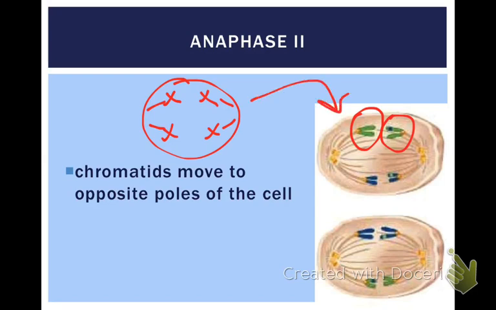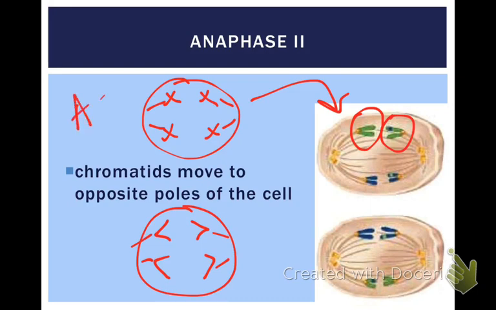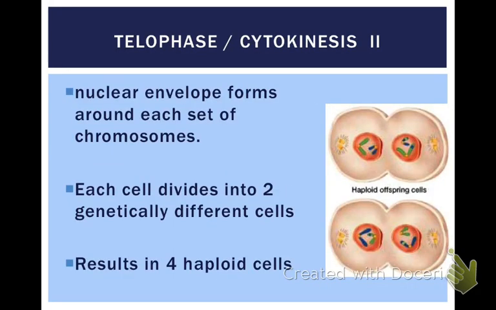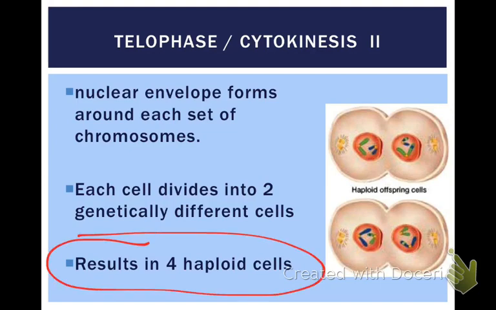In anaphase 2, it's only half of the X going to each side of the cell. So anaphase 1, chromosomes move. Anaphase 2, chromatids separate. After that happens, telophase and cytokinesis 2 happen, and that's when you end up with your four haploid cells, which are genetically different.